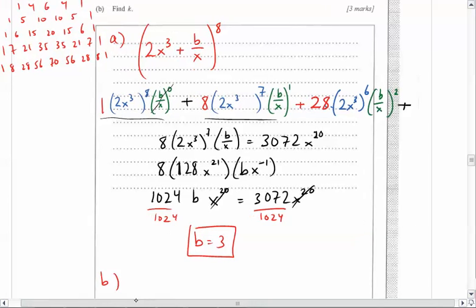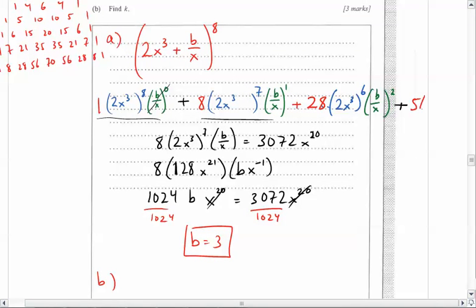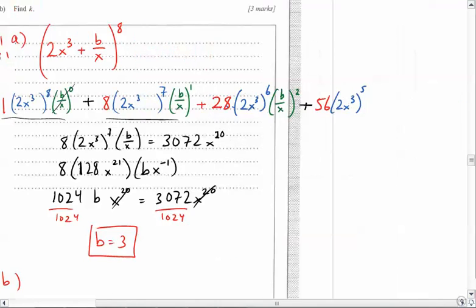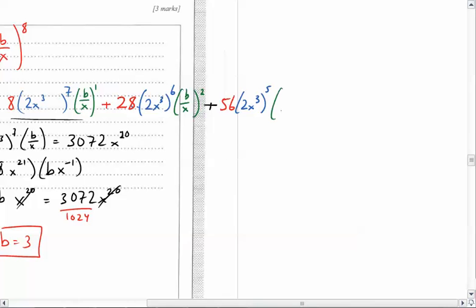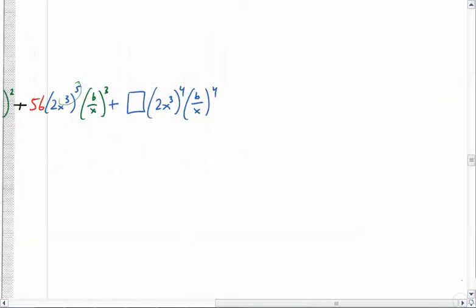Next one is 56. 2x cubed to the power of 5. And b over x will be 3. So that'll be 15 minus 3 is 12. Nope, not that term either. Now I'm cheating and not looking at Pascal's triangle, because I'm just trying to find the term where the x's cancel. So here I've got x 12 minus 4, which will be x to the power of 8.